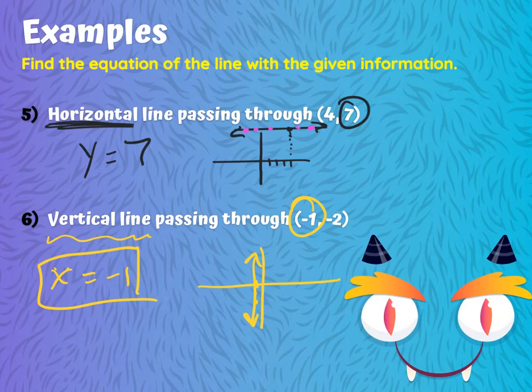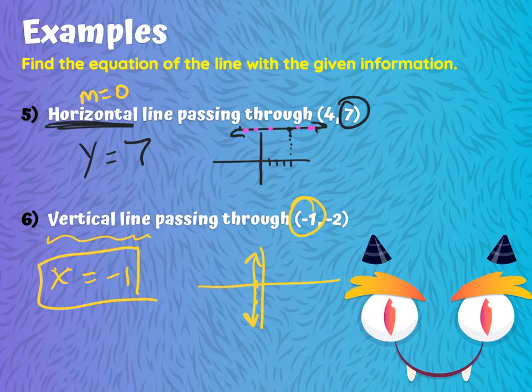Just in case I were to hypothetically forget if horizontal was the x or the y, or vertical was the x or the y, could I plug it into the problems before that? You only have a point. I mean, you could know that slope is 0.